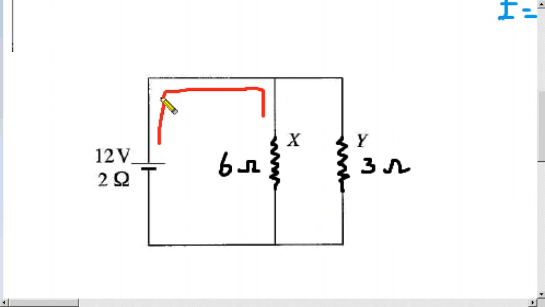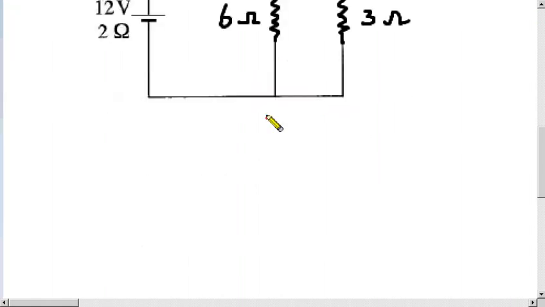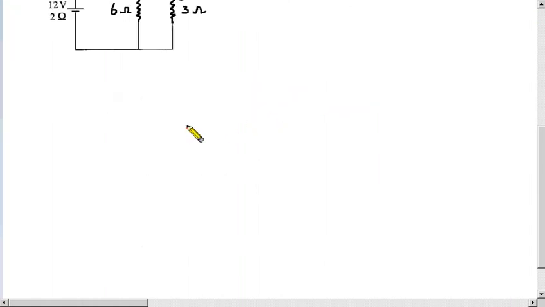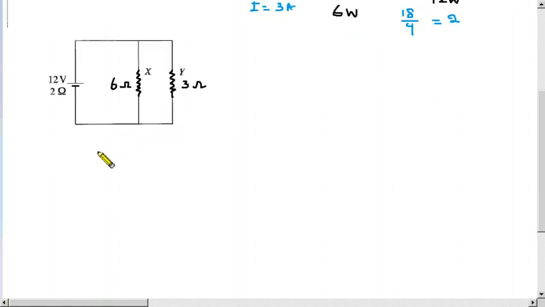So these resistors are connected in parallel. How to solve a parallel network? We can draw a single resistor, the equivalent resistor, capital R.